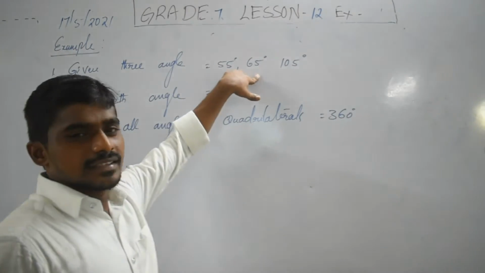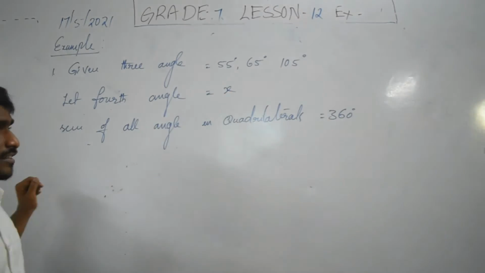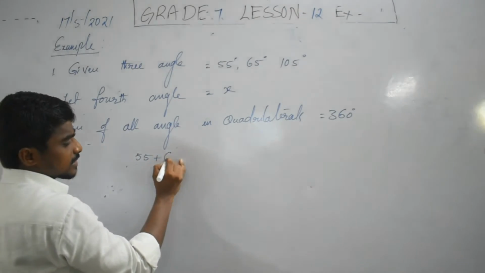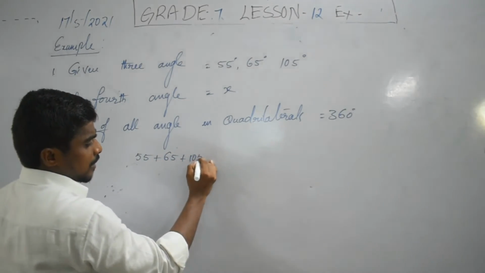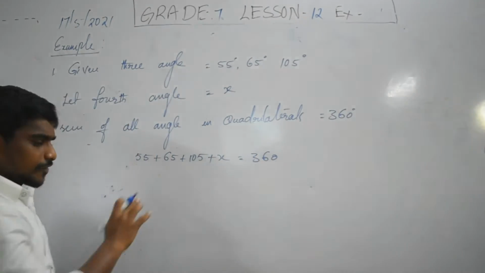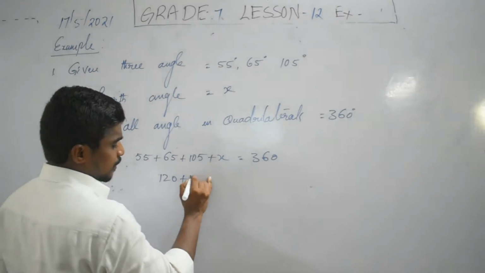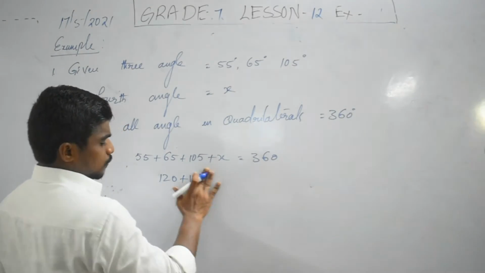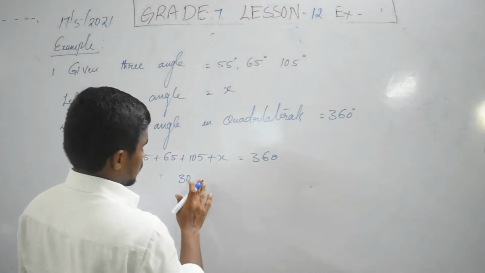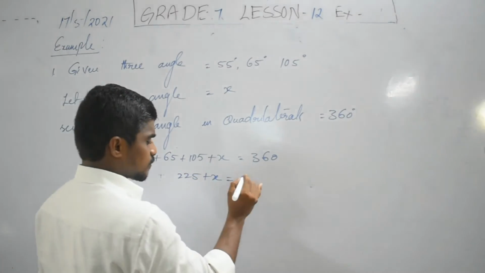Here three angles are given, and the fourth one is X. So we add these four angles: 55 degrees plus 65 degrees plus 105 degrees plus X equals 360 degrees. 55 plus 65 is 120, plus 105 is 225. So 225 plus X equals 360.